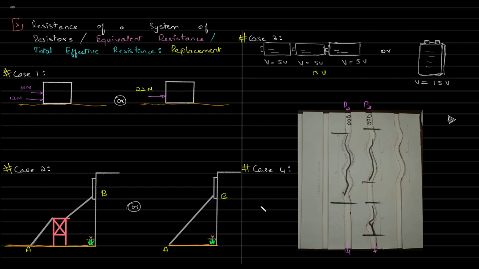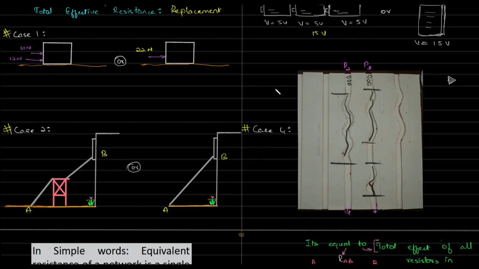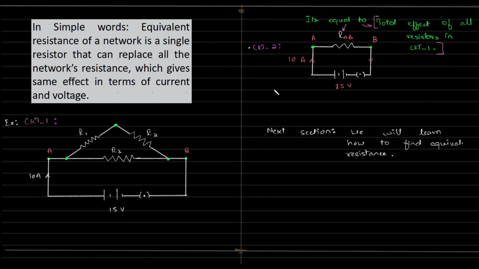Right? This is about equivalent resistance. Similar to that. Of course, it's not the same thing. The idea is similar. We are replacing whatever effect these two are creating with a single one. It need not be two, it can be three, it can be any number. So basically, you're replacing with a single system, which creates the same effect.